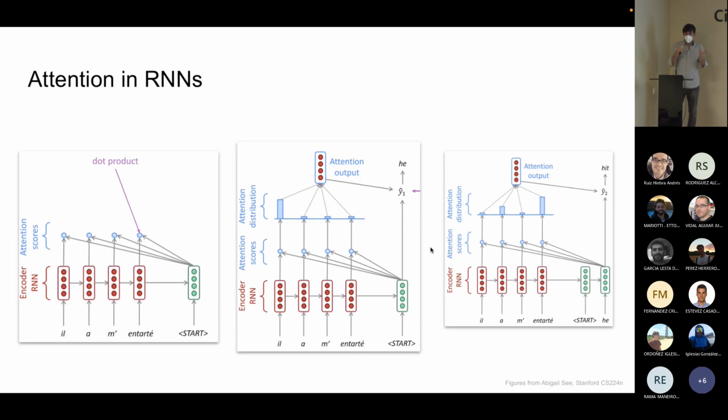Maybe this one. We don't know. The thing is, if we compare this vector here with all of the vectors in the codification of the French sentence, we just compare and we get a score here.